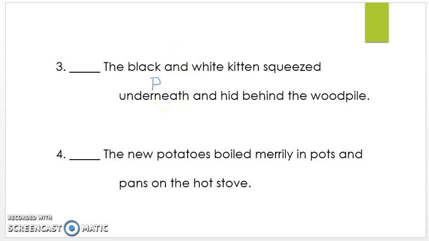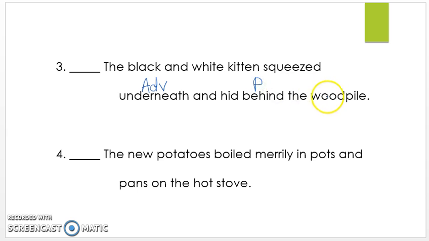So I'm going to get my eraser, and I'm going to erase this. And I am going to label this adverb because there was no object of a preposition to go with it, so it's an adverb.